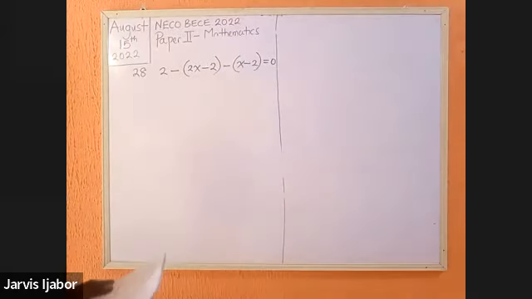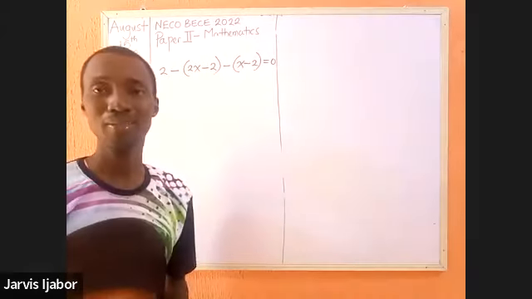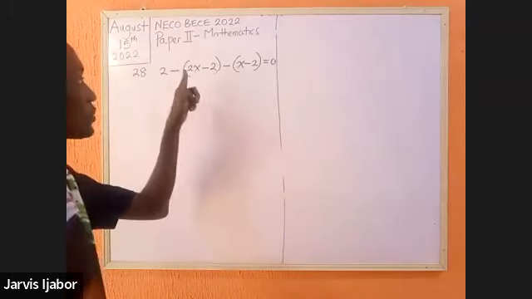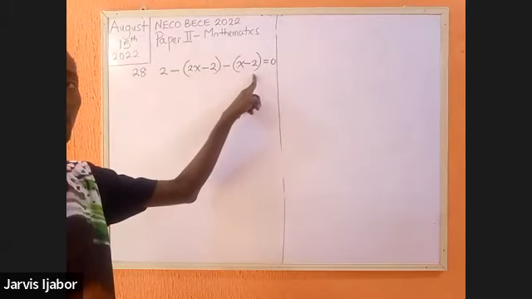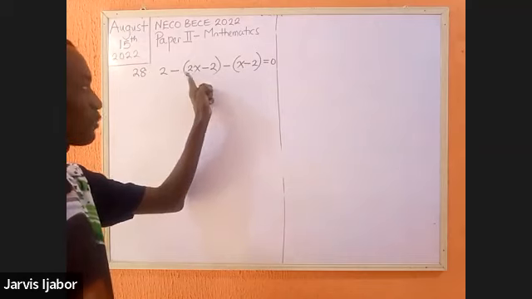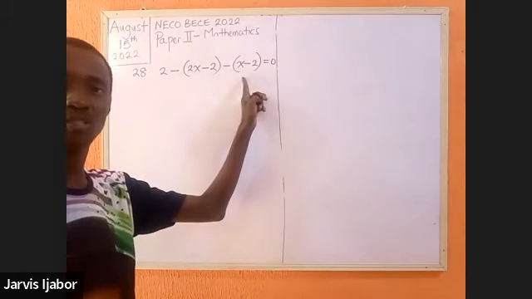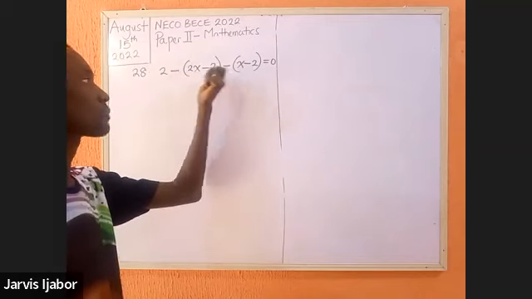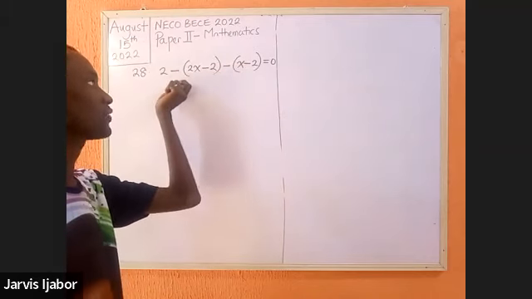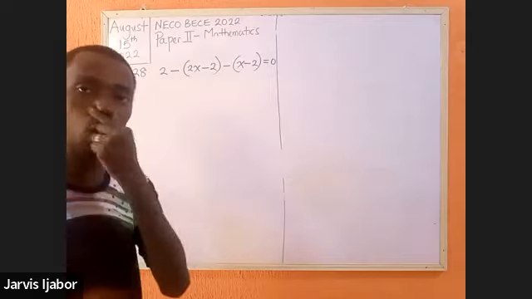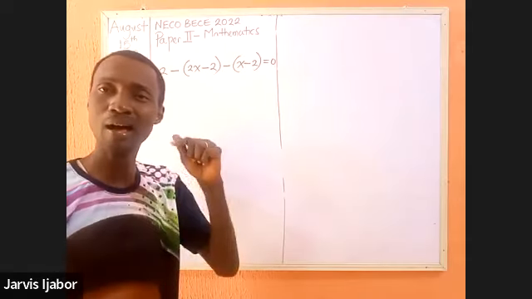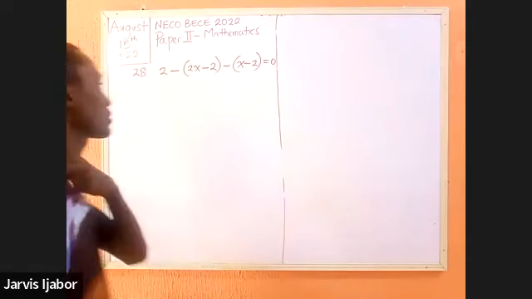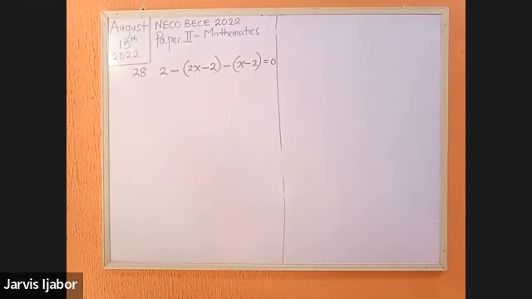Now, for this question, you need to take care of the brackets. What is the sign before the bracket? That's crucial to solving this question. Discover that there's a negative. So when we open these brackets, what we're going to observe is that the signs will change.